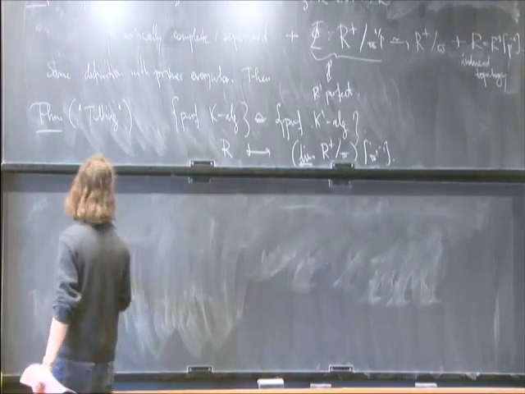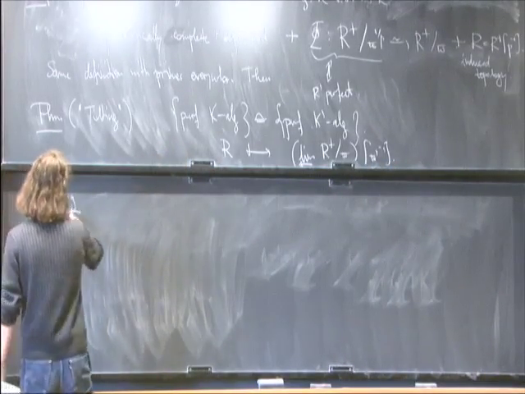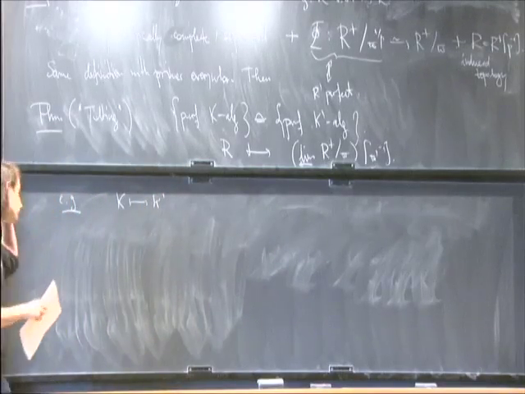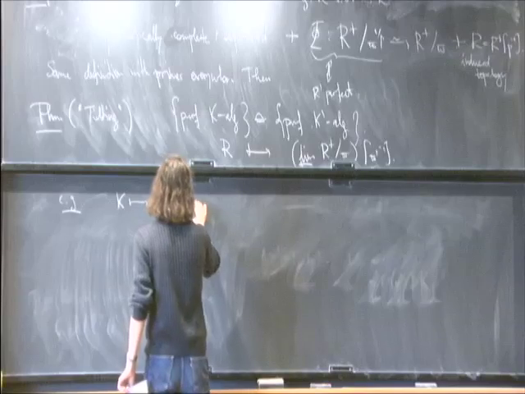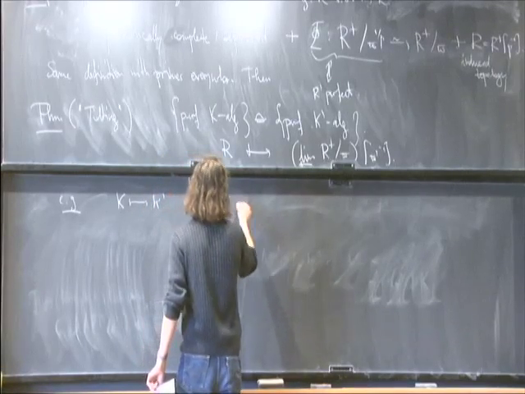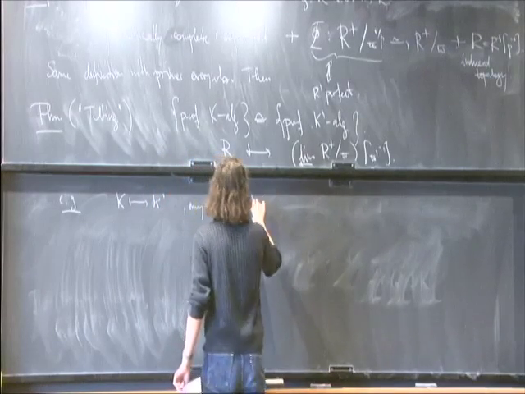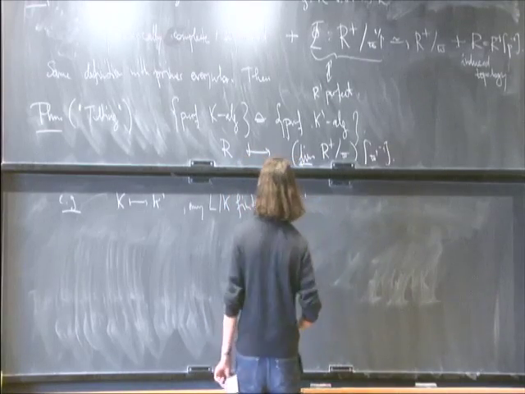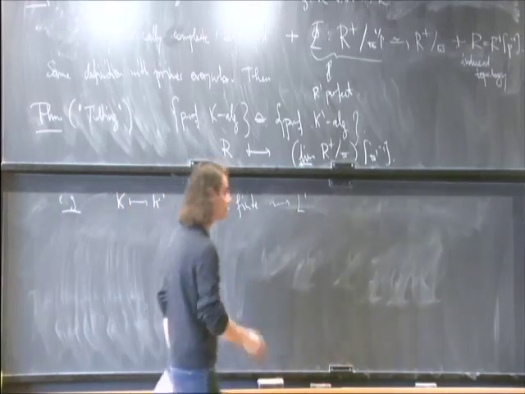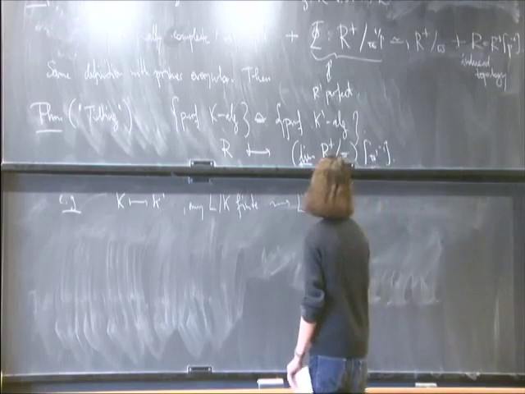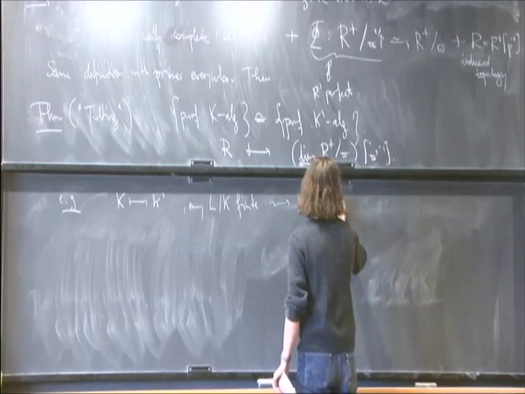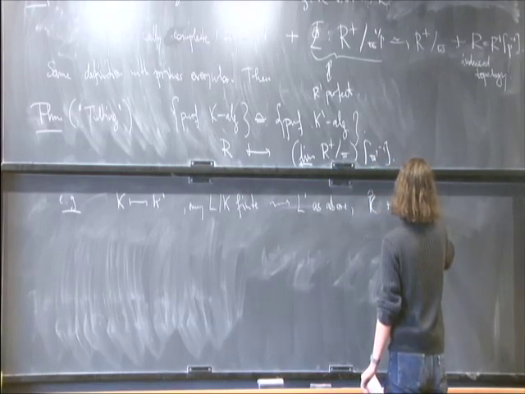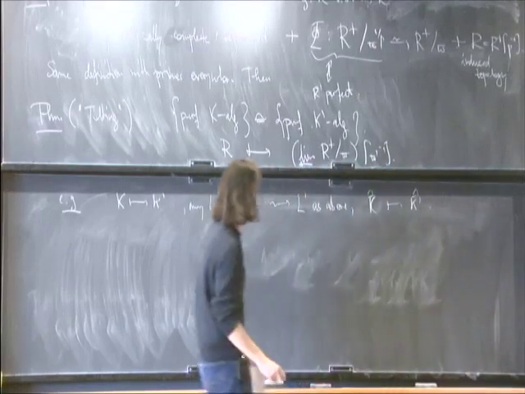So for example, K maps to K prime, and any finite extension L over K maps to L prime, which is sort of the one you get here. And also, if you go to the algebraic closure, the same stays true.